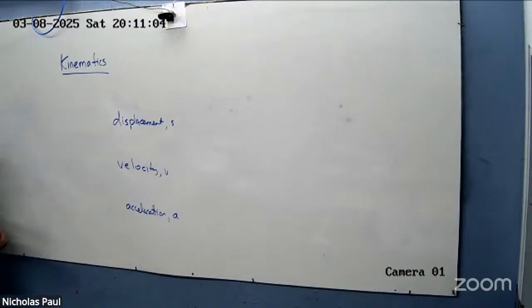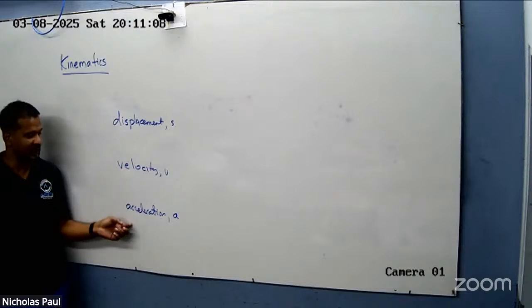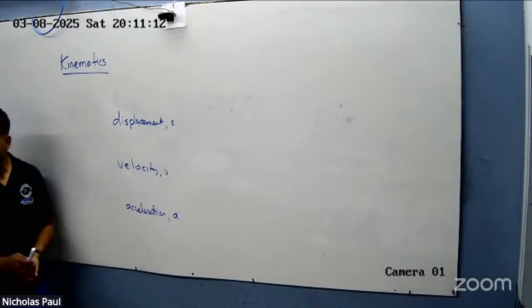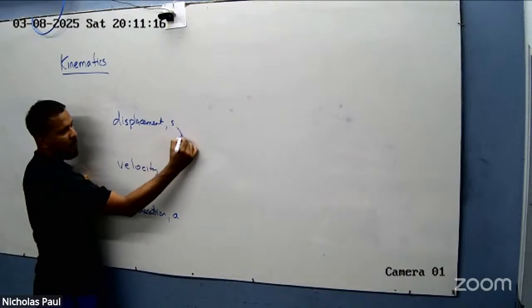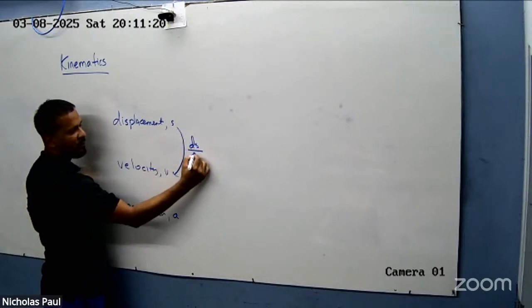If you remember, velocity is change in displacement in time. Acceleration is change in velocity in time. So in order to go from displacement to velocity, you differentiate displacement with respect to time.